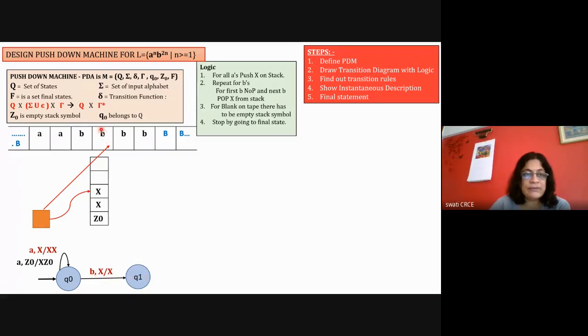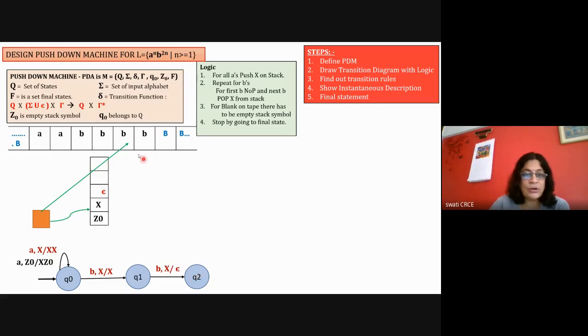Now in Q1 it will get B comma X, and for this it has to perform the pop operation. So it is going to the next state Q2. B comma X, and the pop operation is done, so this X is replaced with epsilon.